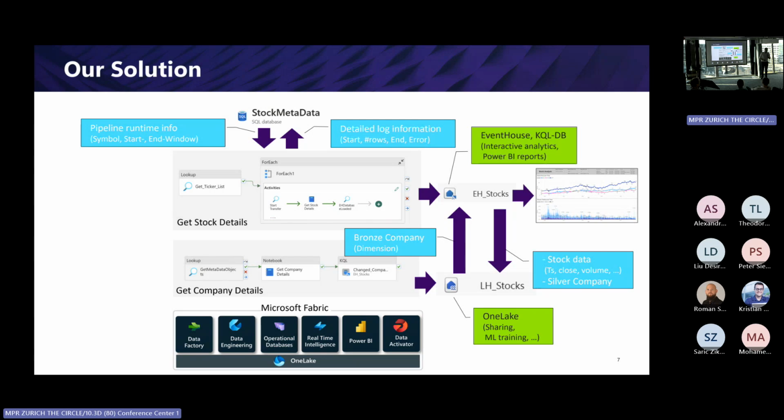And what we do on top is we have a slowly changing dimension logic implemented, meaning if something changes, we check that in the event house and track it, store it, and always have the full history of what has changed for our company. Obviously, the gold layer gives us the current state. But nevertheless, I can go back in time and see what has changed, if an address or industry changed, or whatever.